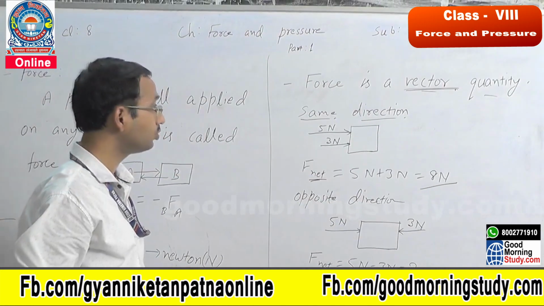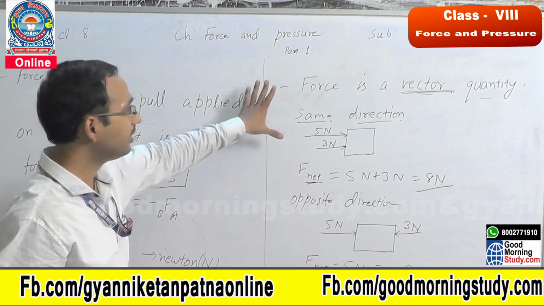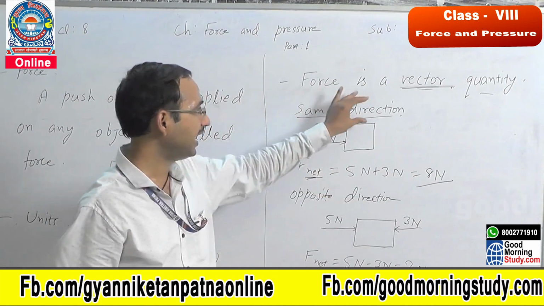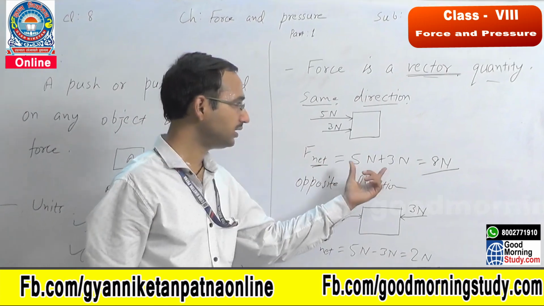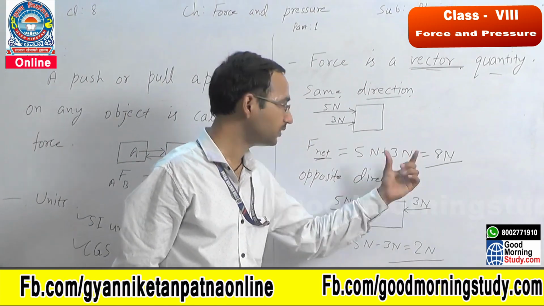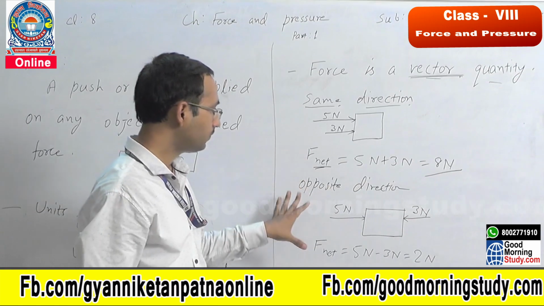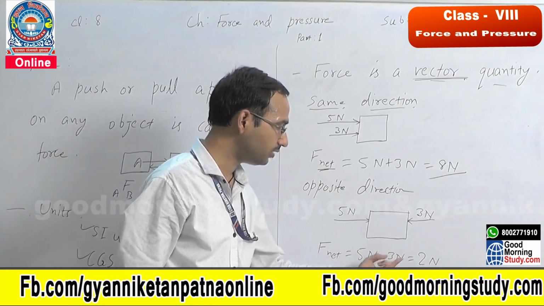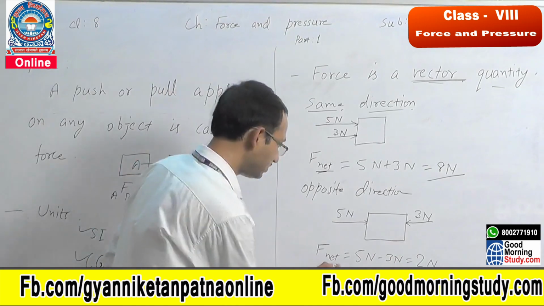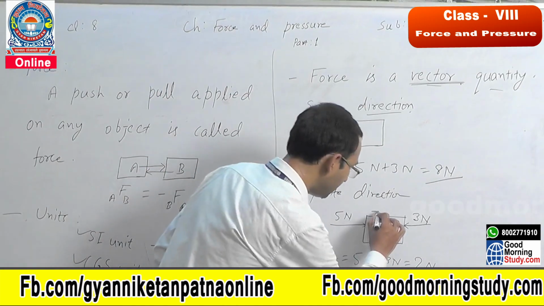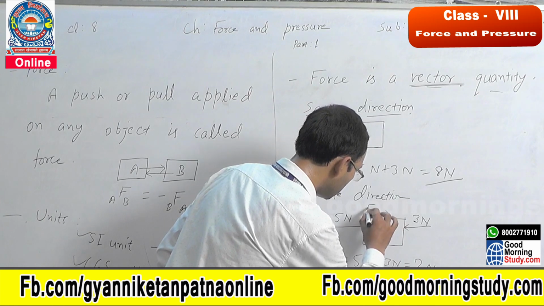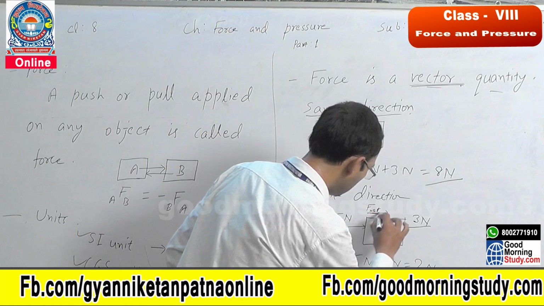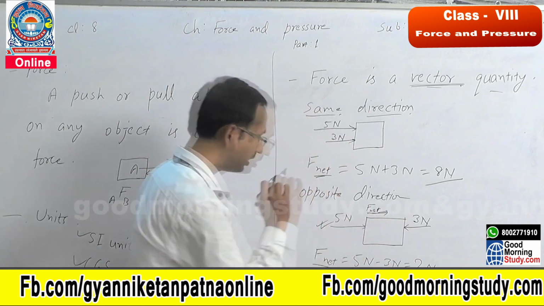So students, you have studied how direction is important. If forces act in the same direction, their resultant will be the addition of the forces, and if forces act in opposite directions, their resultant will be the difference of these forces, and the direction of net force will be the direction in which the greater force acts.